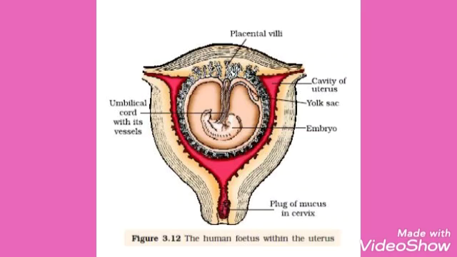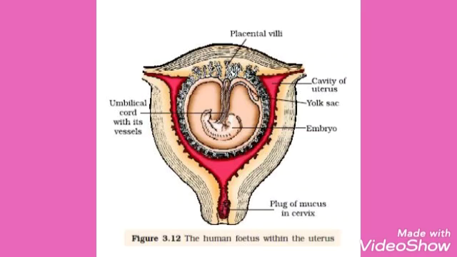The embryo transports nutrients and waste to and from the placenta through the umbilical cord. Additionally, the placenta functions as an endocrine gland. It produces several hormones such as human chorionic gonadotropin (HCG), human placental lactogen (HPL), estrogens, progesterone, etc.